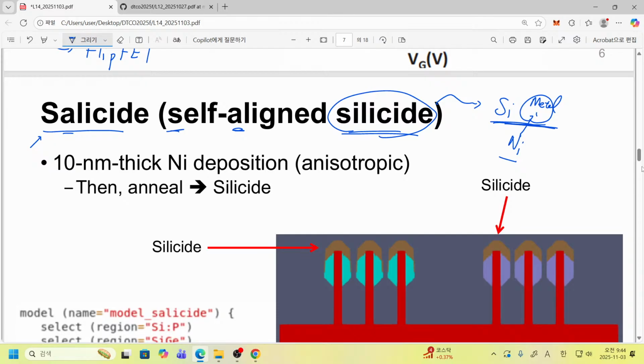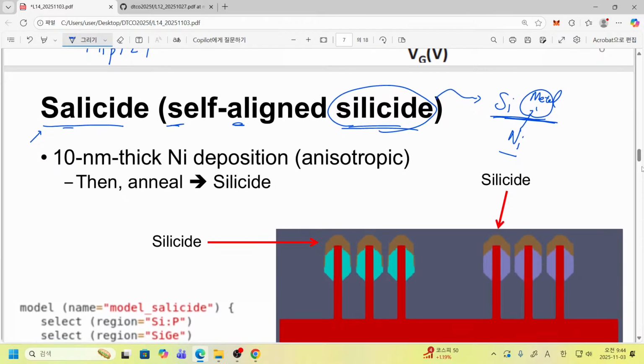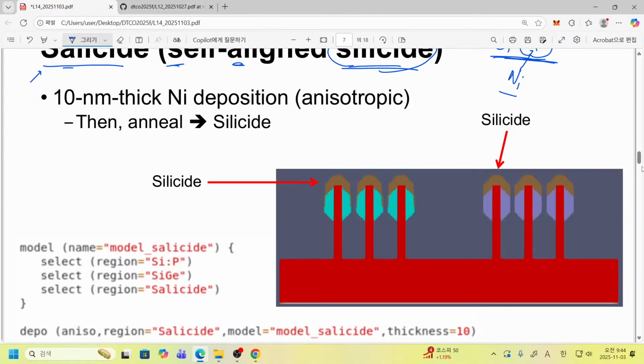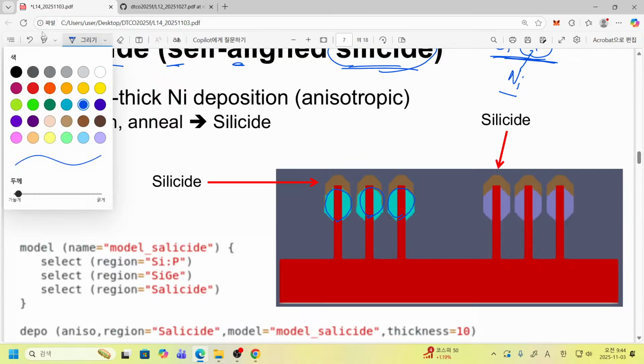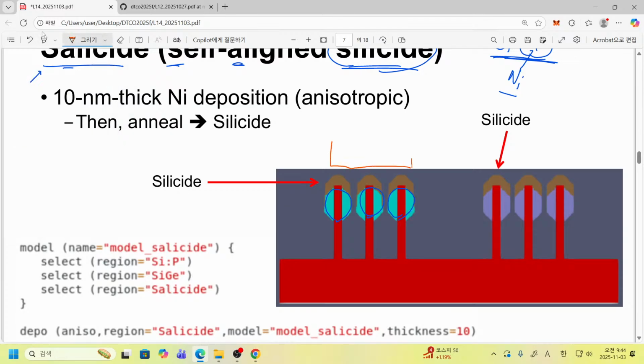Maybe you can ask me, what is this? Please note that here we have a fin, surrounded by silicon, and later we will eventually attach metal on it.